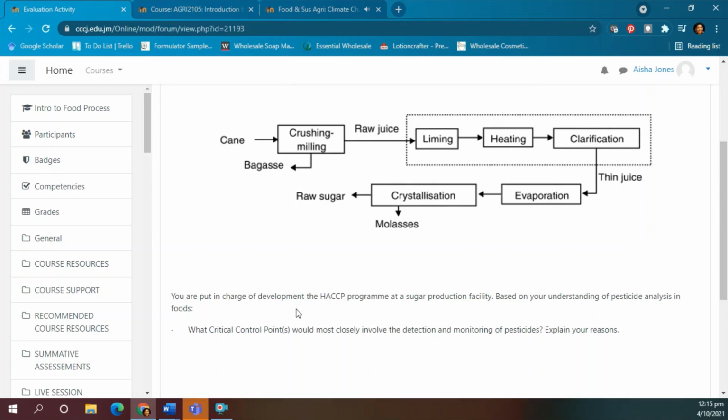And students are going to be required to use HACCP to propose where in this process there are likely points of the introduction of contaminants, and what could those critical control points be throughout that process to ensure that you can manage and monitor the potential for contaminations through this process.